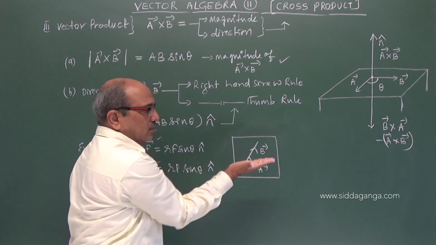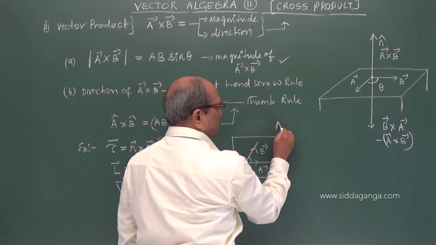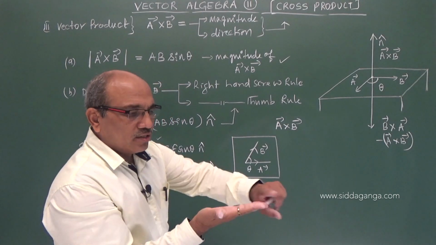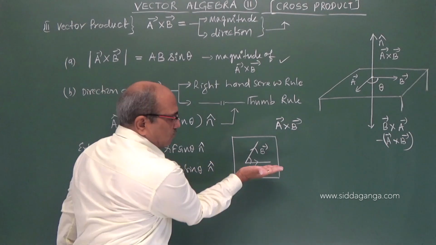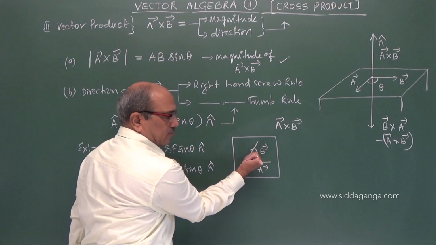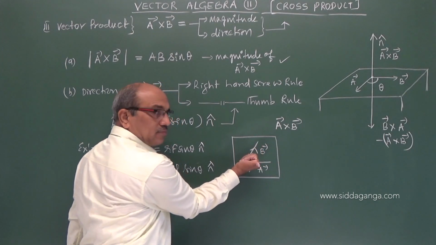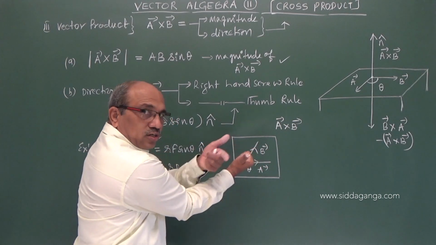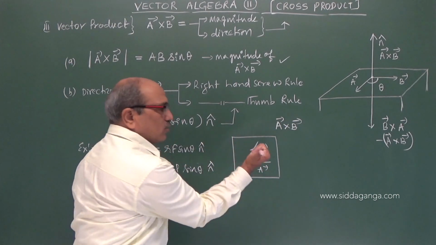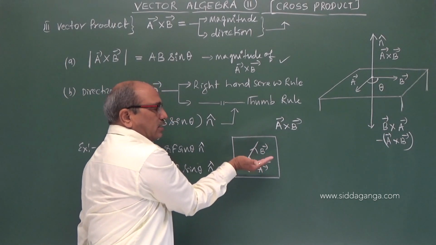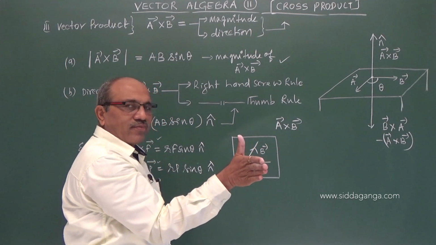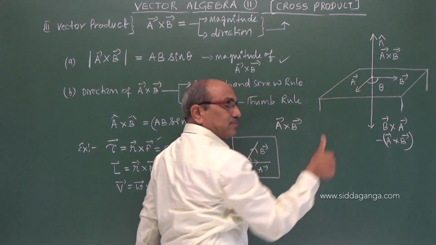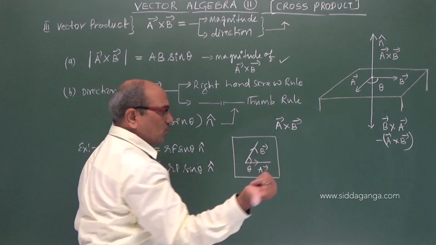To find A cross B, you have to move all your fingers other than the thumb from A to B. When you turn A to B, you see the thumb is towards us. Towards you means it is out of the board. If I take it like this, A to B upward, here it is out of the board.